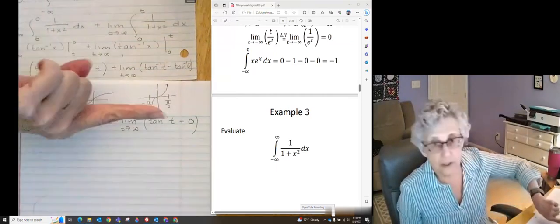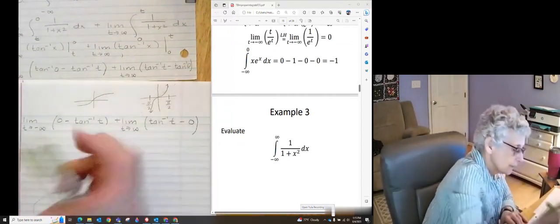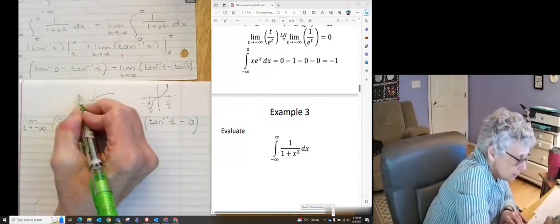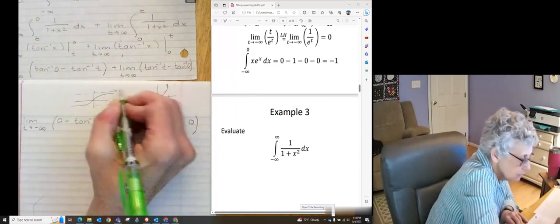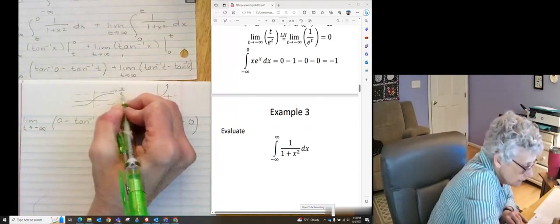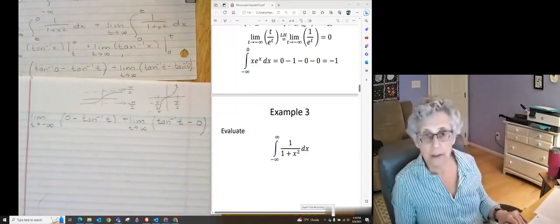For inverse tangent, we reflect that around the identity line, so we end up with horizontal asymptotes at pi over 2 and negative pi over 2.